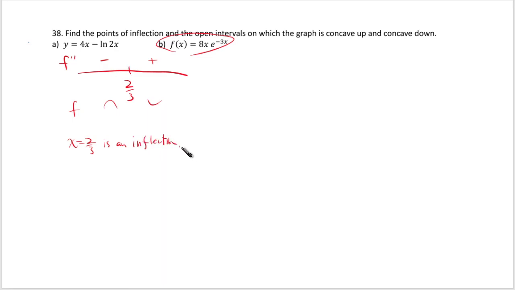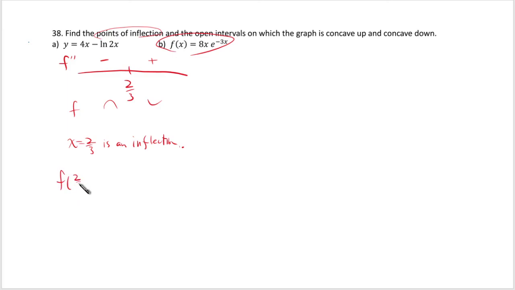But whenever it says point of inflection, a point is a point on the coordinate axis, so you actually need the y-coordinate too. So you really need to plug this 2/3 into the function.